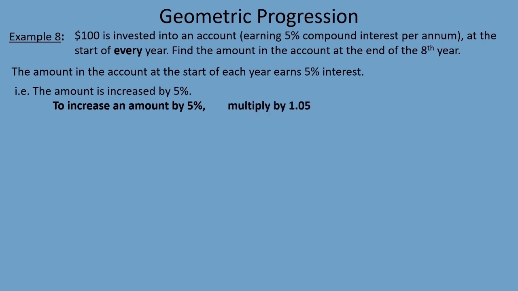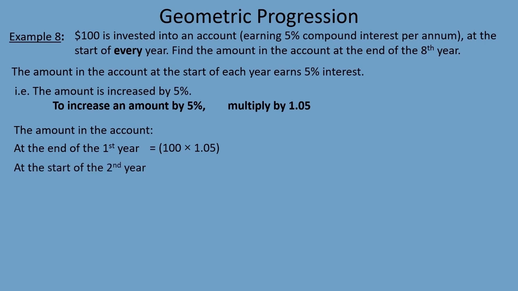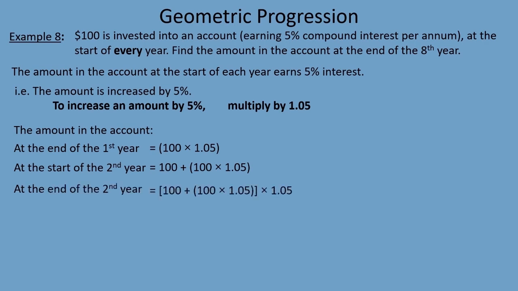The amount in the account at the end of the first year is equal to 100 times 1.05. At the start of the second year it is equal to 100 plus 100 times 1.05. At the end of the second year it is equal to this amount times 1.05, which is 100 times 1.05 plus 100 times 1.05 square.